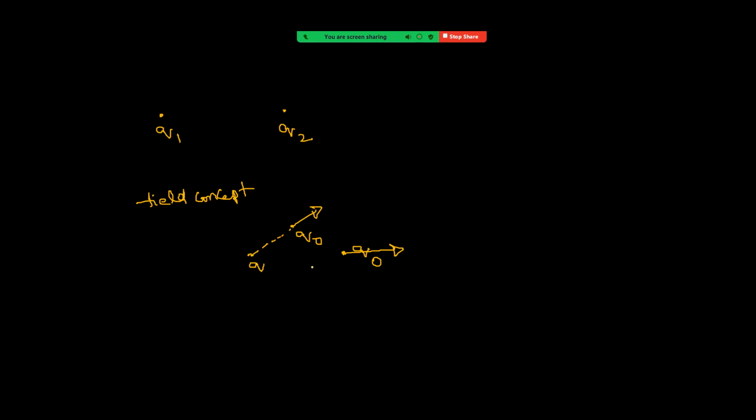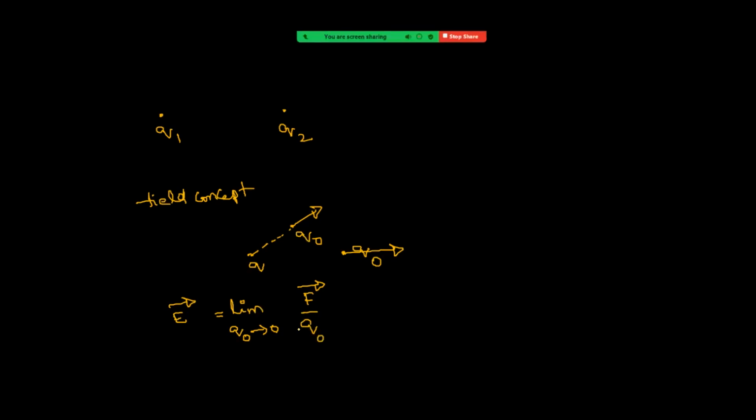So to know this one, we are defining one vector quantity, and that vector quantity is known as intensity of electric field. Notation is E bar. So E bar equal to, see how it is defined, limit Q naught tends to 0, F bar by Q naught.